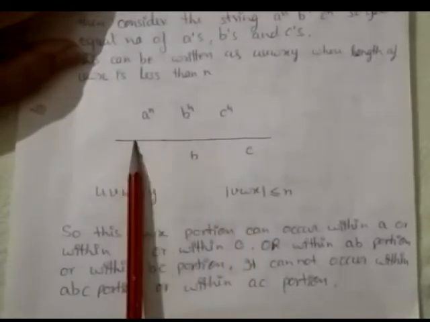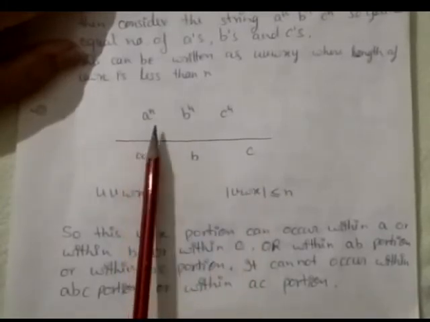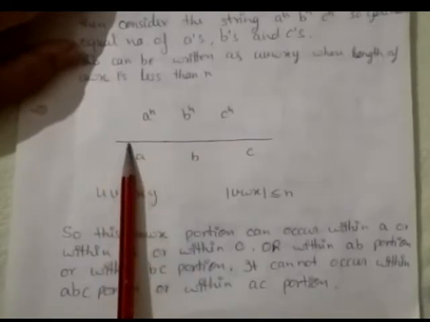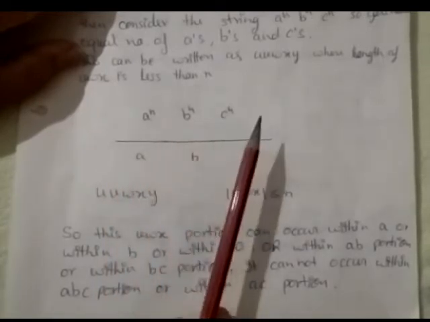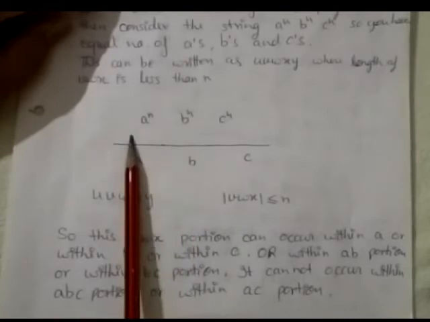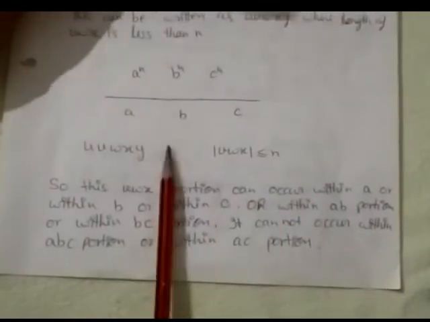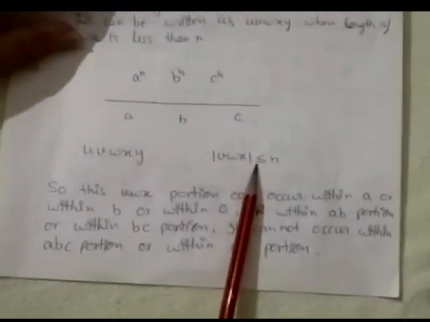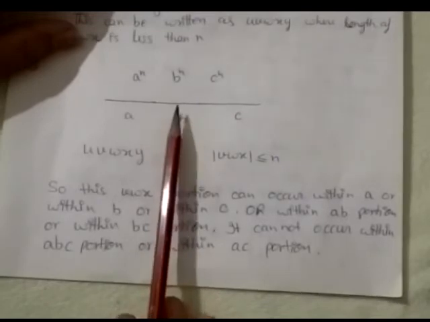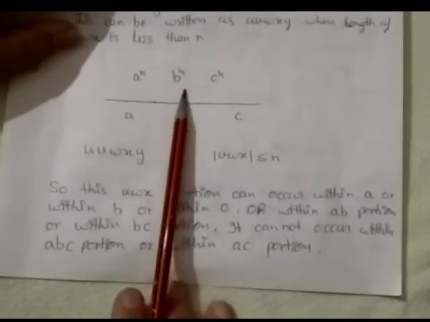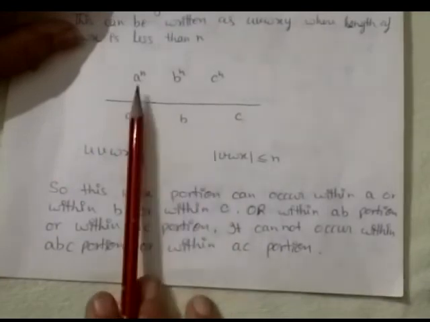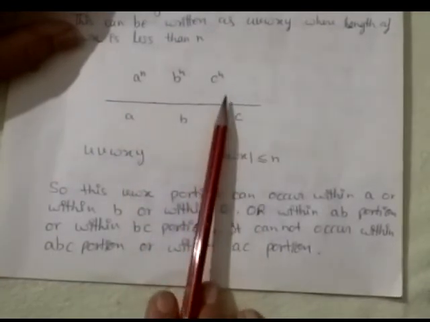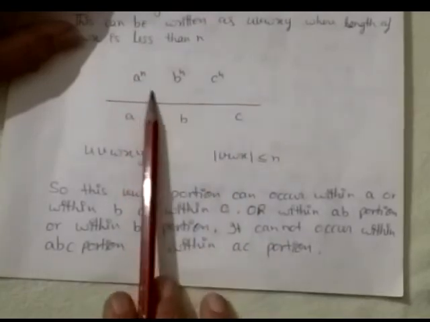In this case, if we pump this portion, the number of a's will increase, but the number of b's and c's will stay the same. The generated string will not belong to the language. Similarly, if this portion resides in b's only, then the number of b's will increase, and a and c will remain the same. If it resides in c's, then the number of c's will increase, and a and b will remain the same.